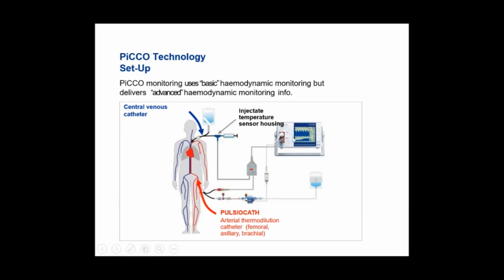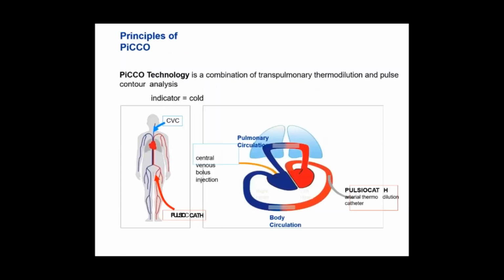Then with the cables, the information sensed after the transpulmonary thermodilution is delivered to the monitor, which, after a proprietary formula, gives us the values. This technology is a combination of the transpulmonary thermodilution and the pulse contour analysis in the PICCO.